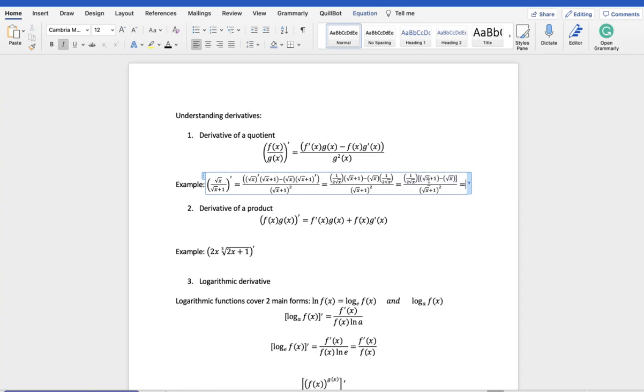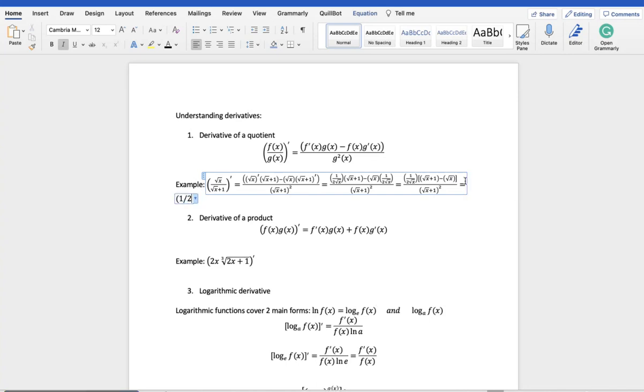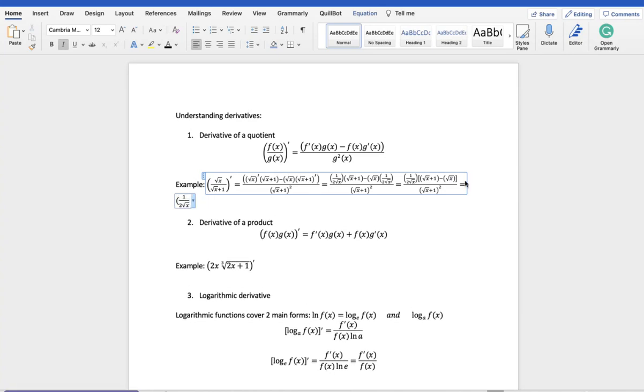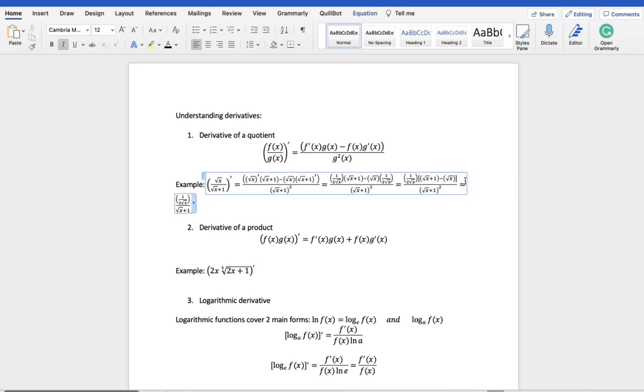And obviously you can see that the square root of x will just be cancelled with the negative of the square root of x here. And in the numerator, you'll therefore be left with 1 over 2 square roots of x, right? All divided by the square root of x plus 1 squared, right? So let's put a square inside there.